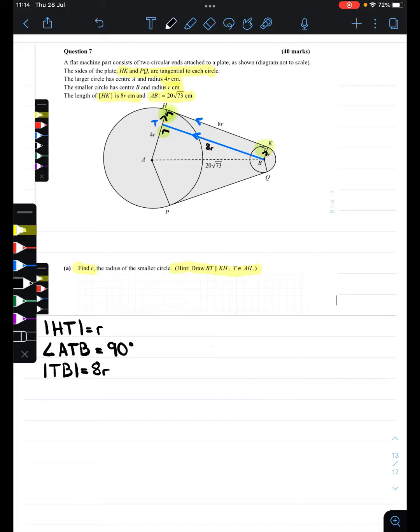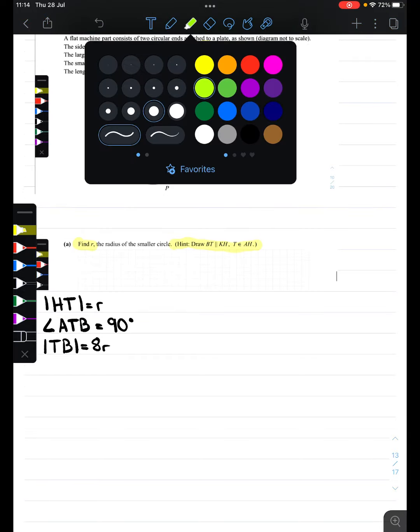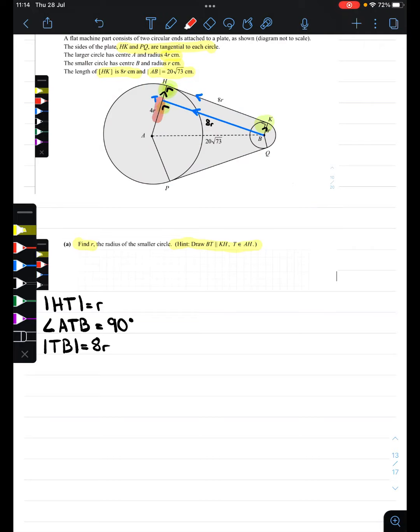All right, so now, if you see, we actually have constructed a triangle from T to A to B, B to T. We have a triangle here where we either have the length or we have an expression for the length in r, and we're looking for r. And furthermore, we know it's a right angle triangle.